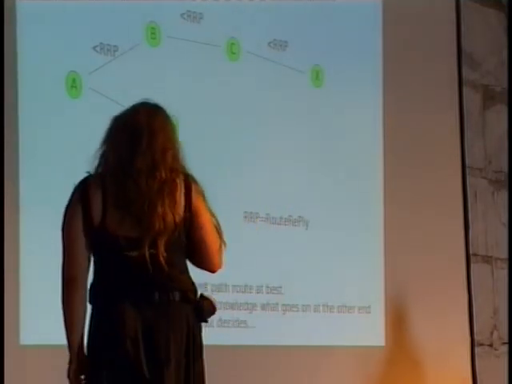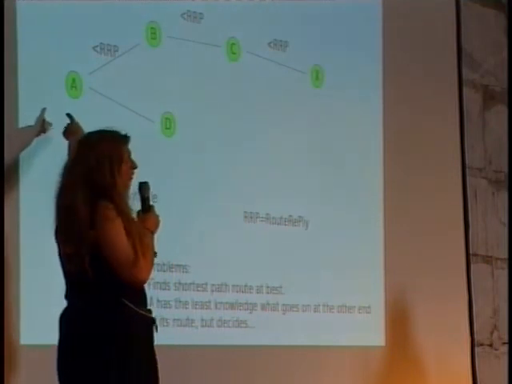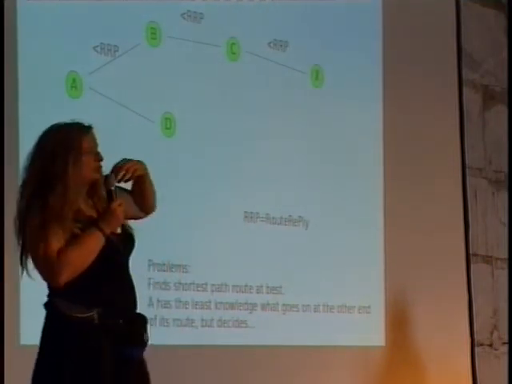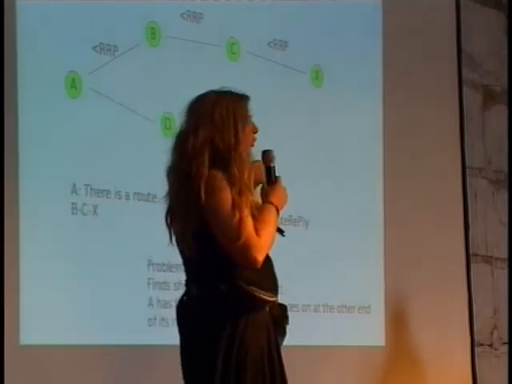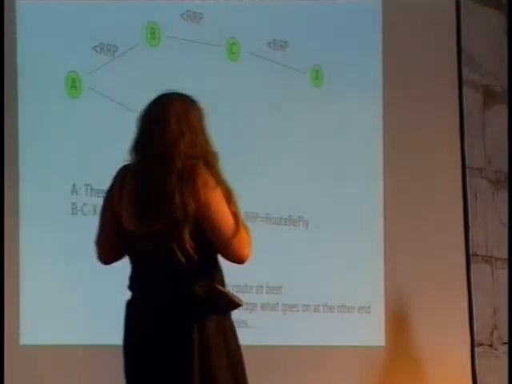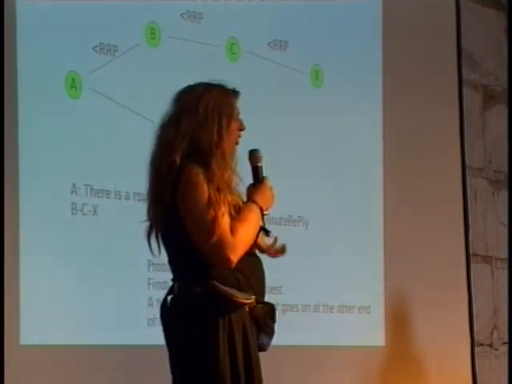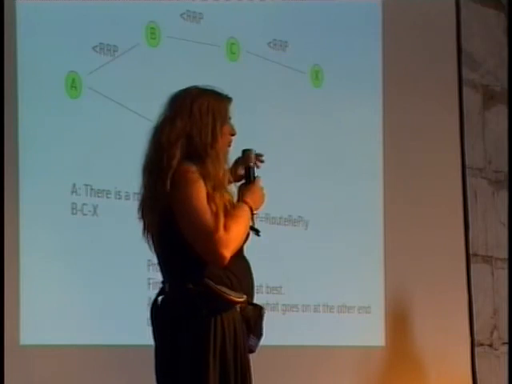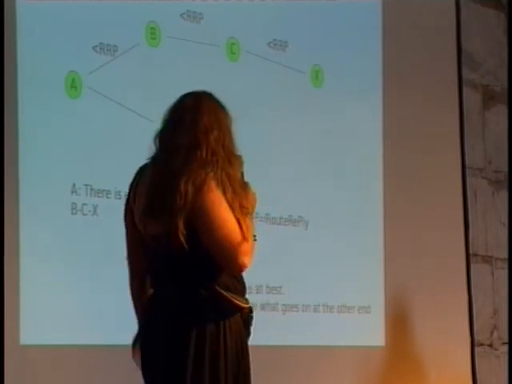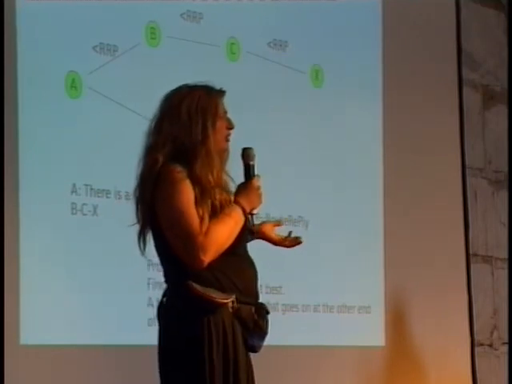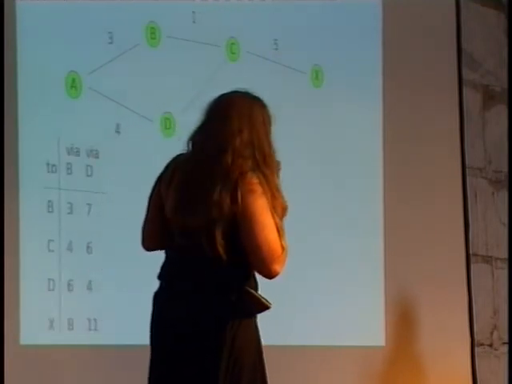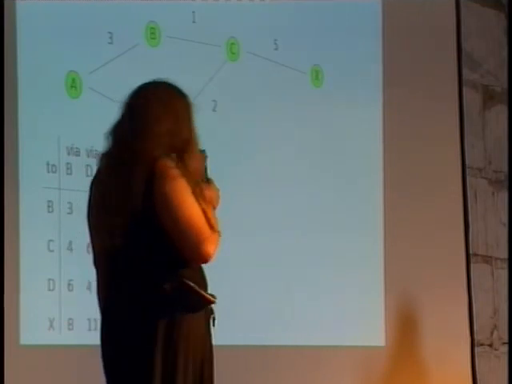But the problem is that the end of the route is deciding about the path. And just doing a quick flooding and waiting for the first reply may give you a very bad route. If you use source routing like this, which is purely reactive, you will get a miserable route at best. By chance, you get a good route, but it's not very likely.